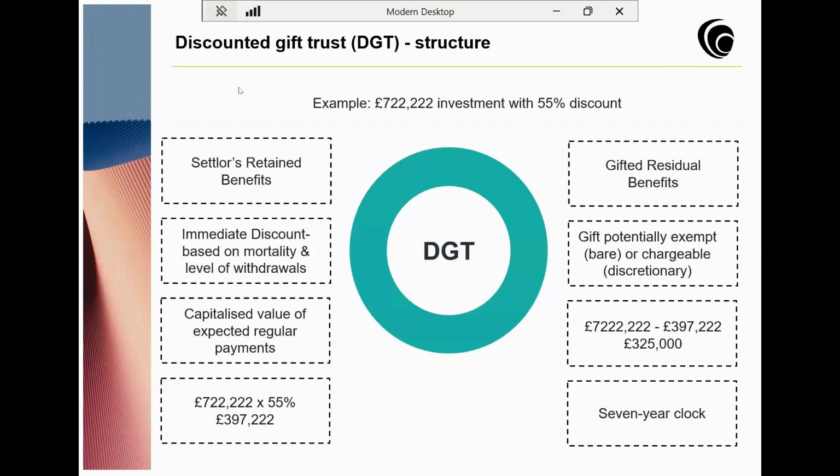It then would depend if it's discretionary or bare, how that would be treated. But importantly, they're doing some good planning. They're moving a larger amount technically than just the nil rate band outside their estate, and they are maintaining the ability of that fixed level of capital return or payment.